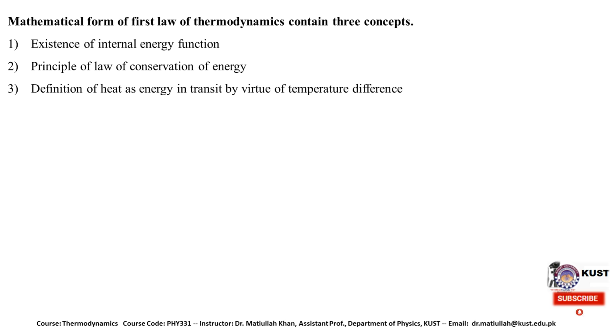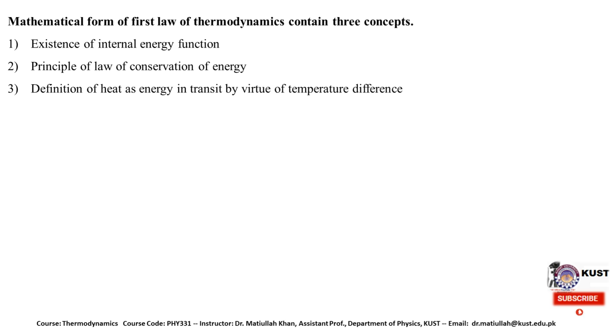The third thing is the definition of heat as energy in transit by virtue of temperature difference. We discussed that in the beginning of the 19th century it was considered that heat is a liquid, given the name caloric or ether by different scientists, and a body with higher temperature has a high magnitude of that liquid, and a body with low temperature has a low magnitude.